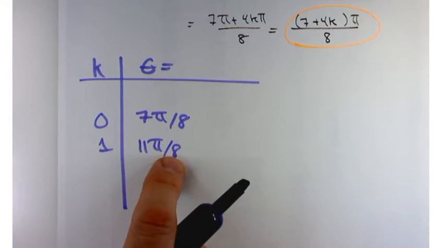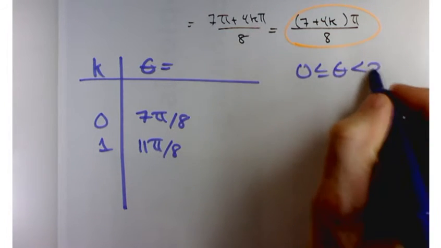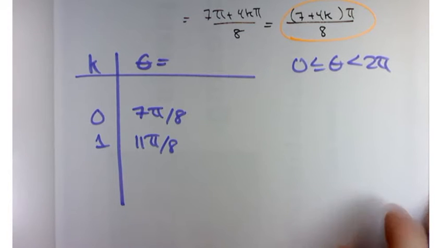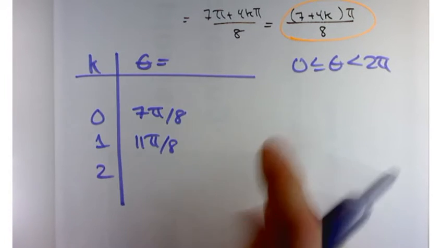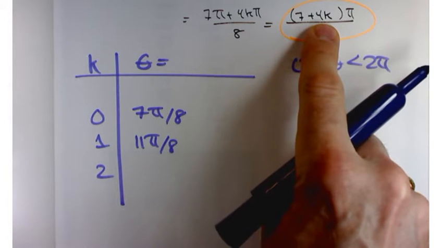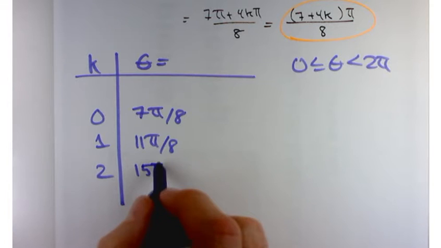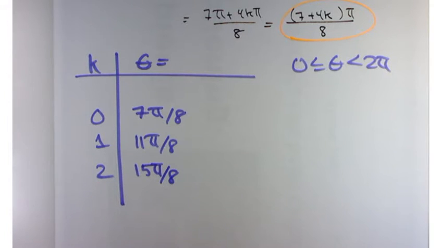It's not outside the range of 0 and 2 pi. How about if I go up to 2? If I put in a 2 here, then what would I get? 15 pi over 8. Is that outside my range? No, we're still good there.